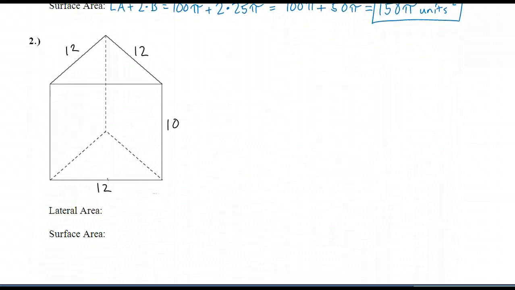In example 2, I first want to identify my base. In this case, I have a triangular prism. And that triangle base has side lengths of 12 and 12 and 12.